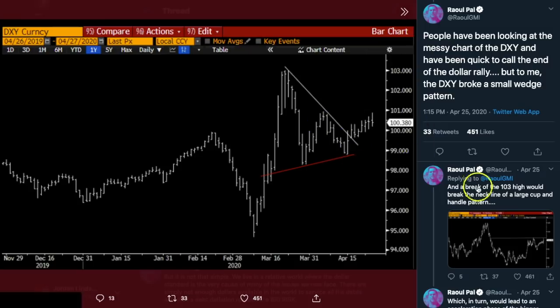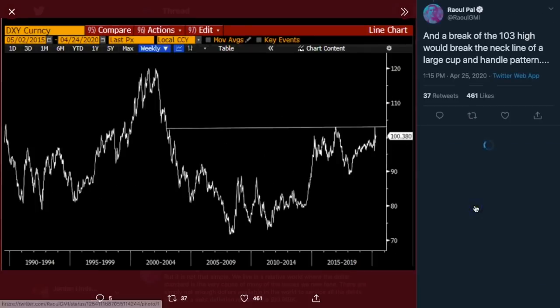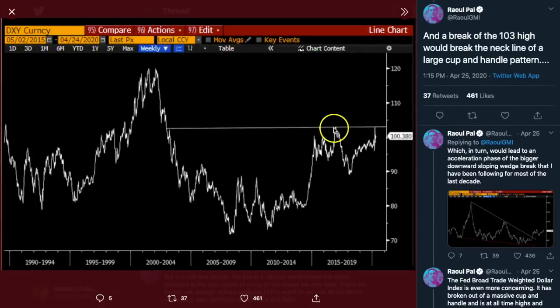This is quite bullish. He says a break of 103 on the DXY over here would be a break of a neckline of a large cup and handle pattern. You could see over here the cup and now the handle, and this is the neckline above 103. That was the high that was put in earlier this year.